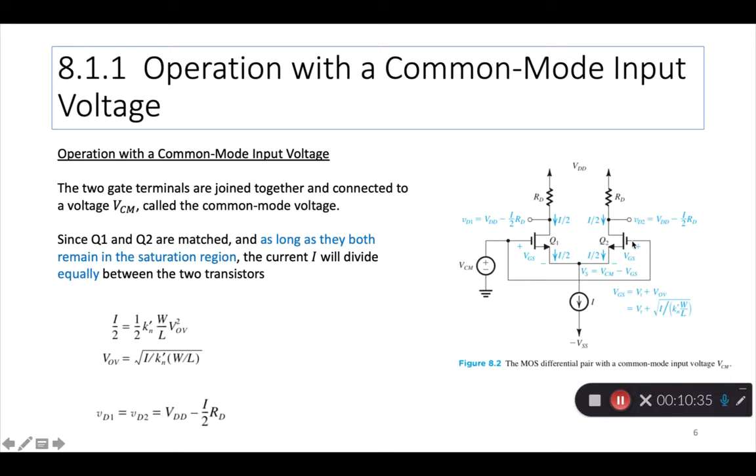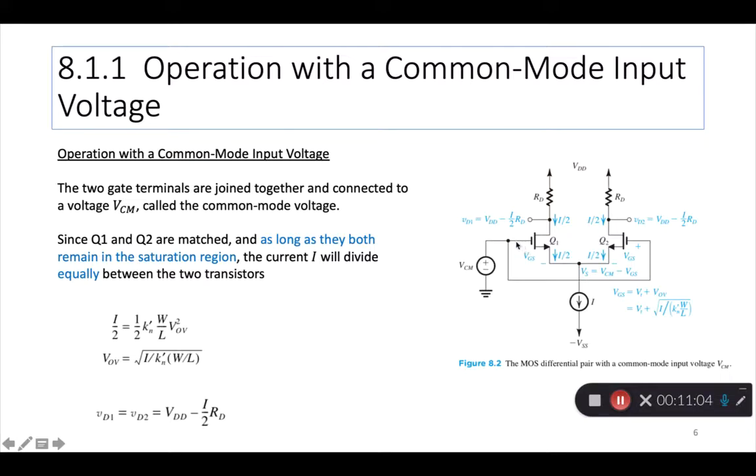So the exact same voltage is going as the input for both the devices in the pair. Because the same voltage is going, and because Q1 and Q2 are matched, and as long as they remain in the saturation region, the current I will divide equally between the two transistors. So this I is I by 2 here and I by 2 here.